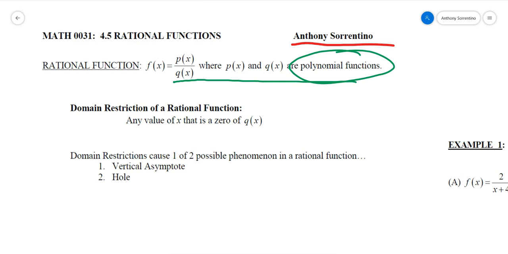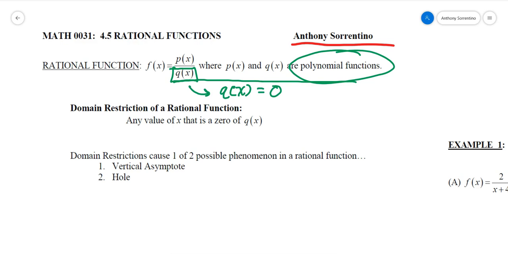Now, when we have a polynomial function in the denominator, which means we probably have at least one variable x in there, it may be appearing multiple times, raised to different powers and things like that. As soon as we get x's in the denominator, we run into a potential to have a situation where q of x would equal 0.